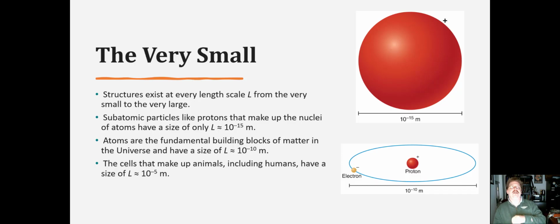Now, something I get a kick out of when I think about things is if you were to look at the size of the sun and the earth and the distance between them, in orders of magnitude, the order of magnitude between the sizes of the sun and the earth and their distance is smaller than the magnitude between the sizes of the proton and the electron and their distances.